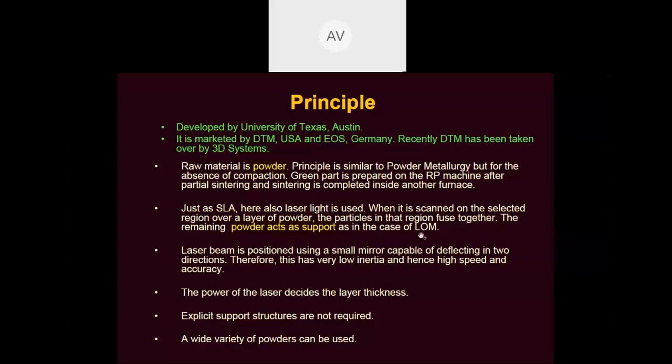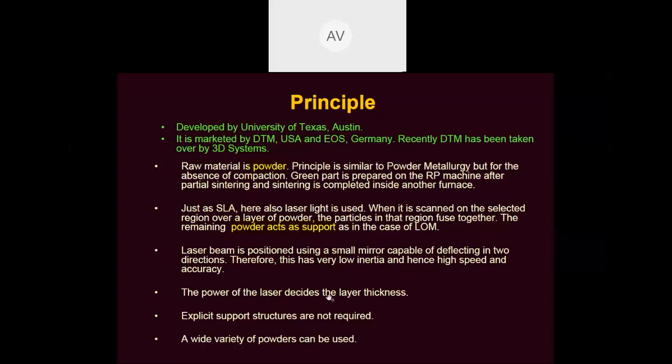Laminated object manufacture. The laser beam is positioned using a small mirror capable of deflecting in two directions. Therefore, this has very low inertia and high speed and accuracy. The power of the laser decides the layer thickness. See, here the thickness of the layer is controlled by the laser.